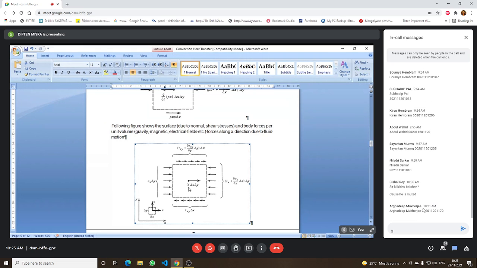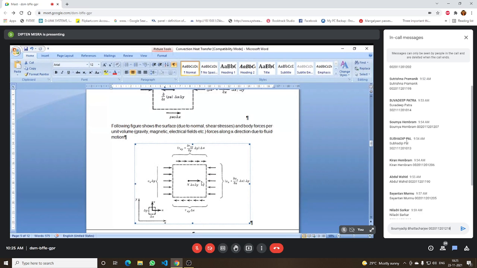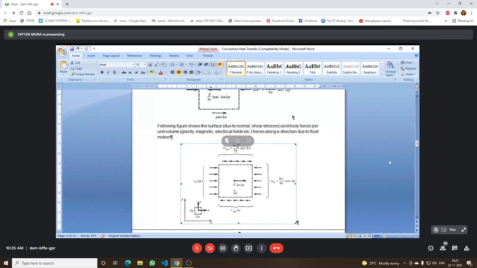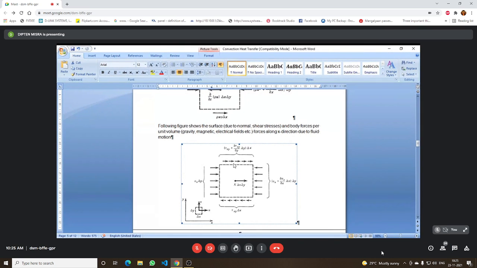That will be X into u, X dot u, because work is a scalar quantity. X indicates a force along the x direction, and the velocity component along x is u. X dot u will give the work done, plus Y into v plus Z into w. These are additional work done, and we have to take them. All those things together cause your total energy interaction.